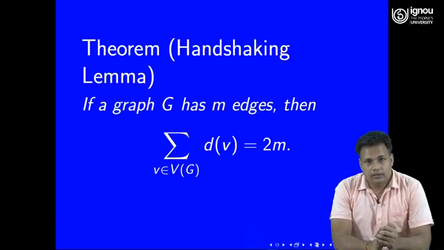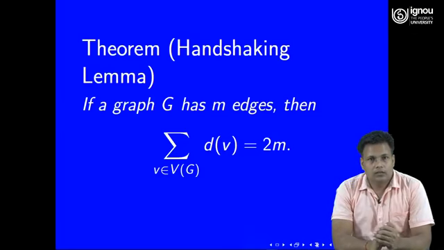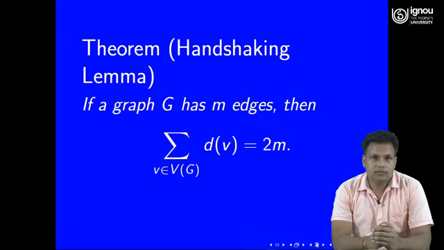Now there is a very interesting result related to the degrees of a graph and the number of edges it has, and it is often known as the handshaking lemma. In fact, it is one of the fundamental results concerning graphs.